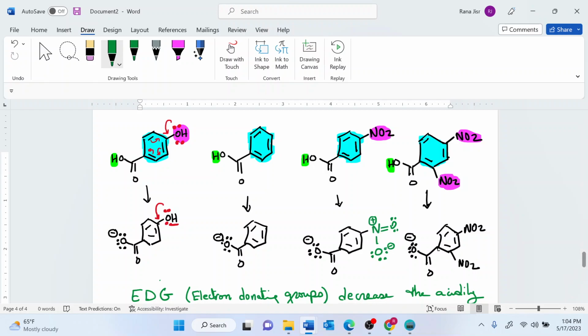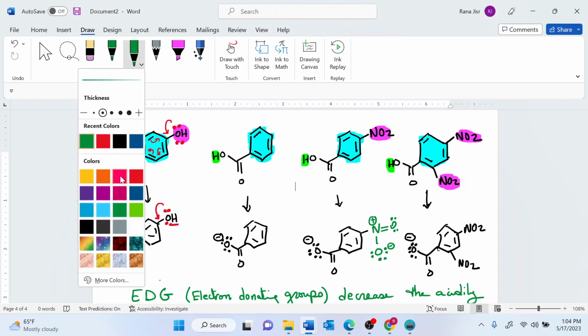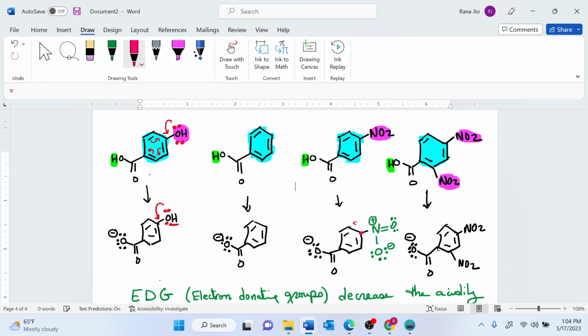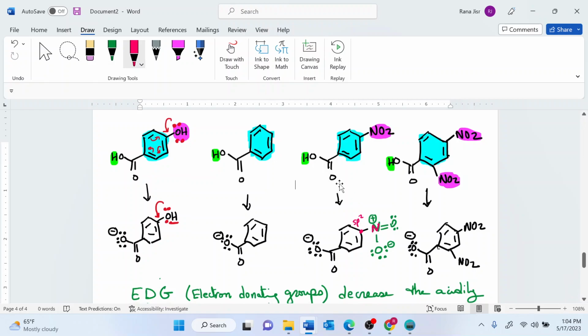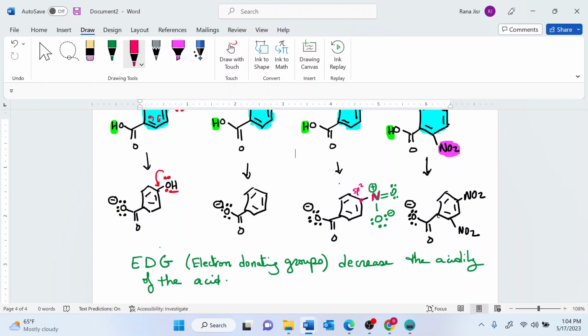If I want to compare the electronegativity of this carbon here, which is an sp2 hybrid carbon, with the nitrogen, I know that nitrogen is an electronegative element. So the direction of polarization, or the pull of electrons, is towards the nitrogen and then towards the oxygen. So notice how the nitrogen and the two oxygens are stealing electrons away from the benzene. So if they are stealing electrons away from the benzene, they are also stealing electrons away from the oxygen. So this is how the charge is delocalized.